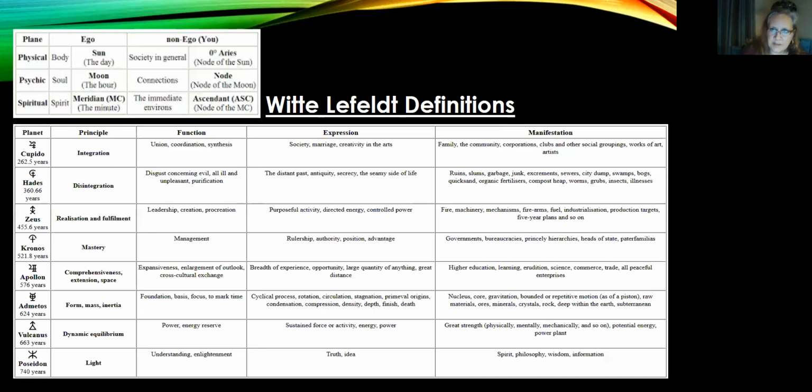And I thought that was key to pay attention to if you're using these items for mundane or horary astrology. And then here is his chart, if you will, definitions of those same Trans-Neptunians. I thought I would include it because mine are one thing, but get it from the source, right?